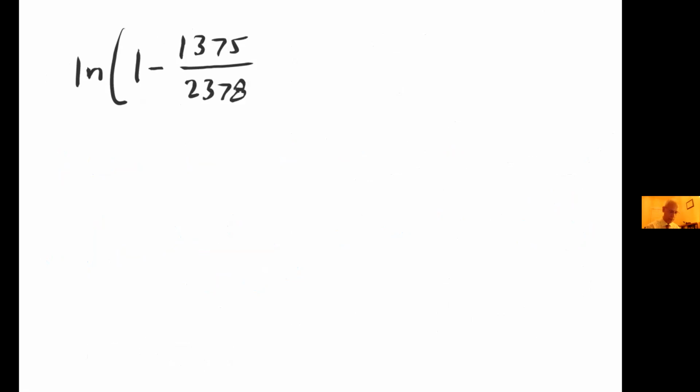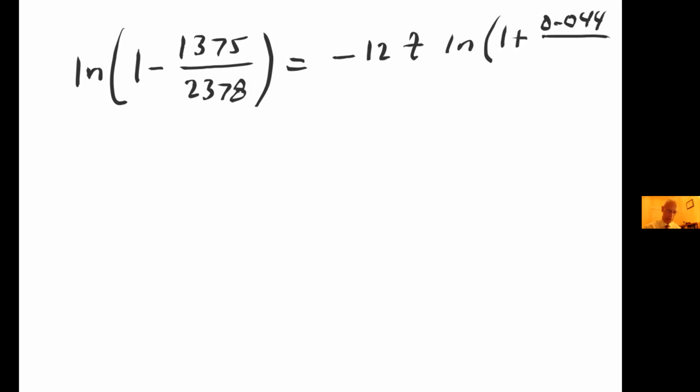On the previous page, we left at the natural log of 1 minus 1,375 divided by 2,378 equals negative 12t times the natural log of 1 plus 0.044 divided by 12.